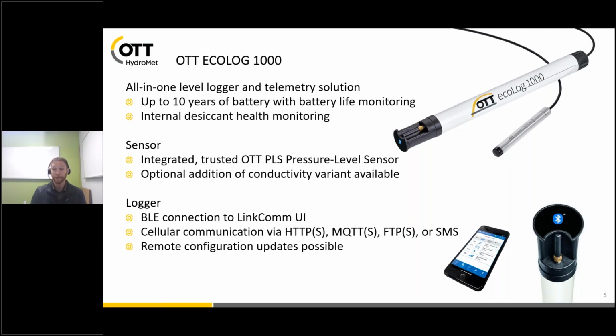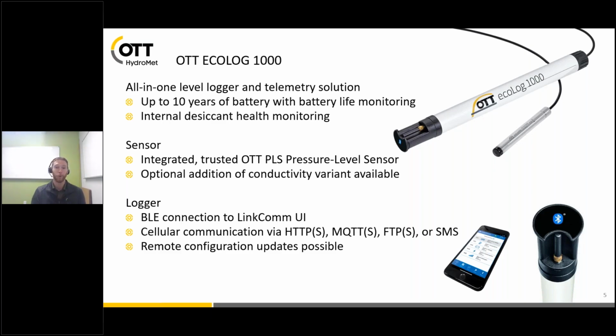The sensor itself, many of you may have used our sensors in the past, so the PLS is pretty much what is on the end of the ecoLog 1000. A very robust sensor that has a lot of advantages, many years of use in the field. Trusted quality product there.